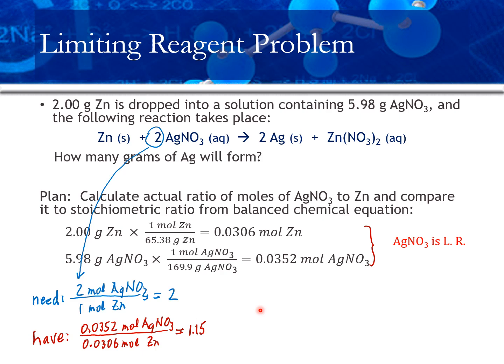And that's why silver nitrate is the limiting reactant. So there's not enough silver nitrate to react with all of the zinc. That's what we mean by a limiting reactant.